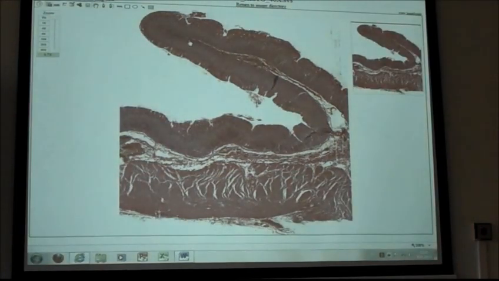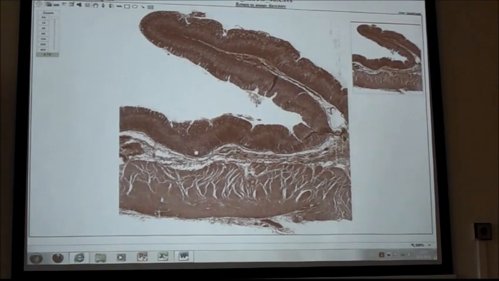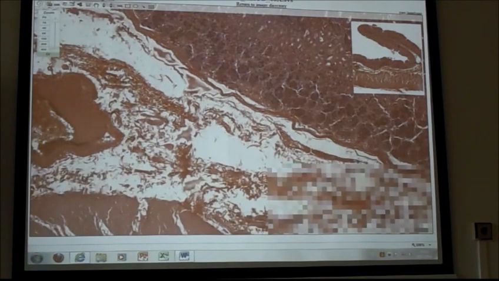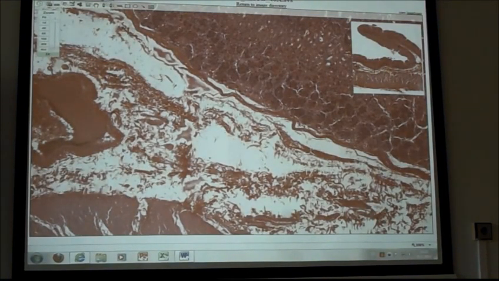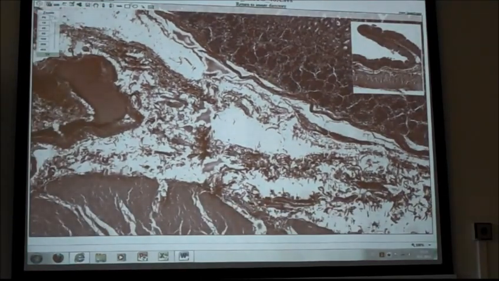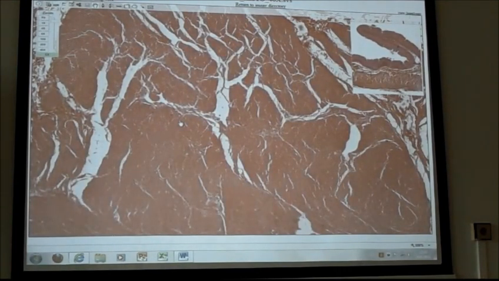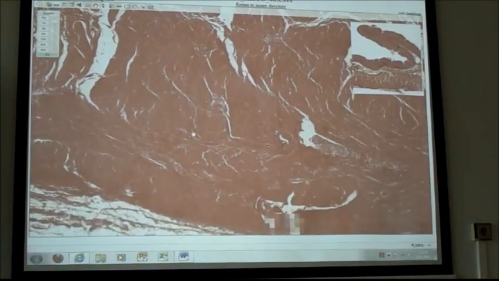A stomach will be seen like this. As I said, this is mucosa. You see the line I was talking about? This is the muscularis mucosa. Beneath this one, you will have submucosa. And then you have the muscular layer. Even if you don't know the histology of muscle, you can see that this is muscle. So this is called the muscular layer.